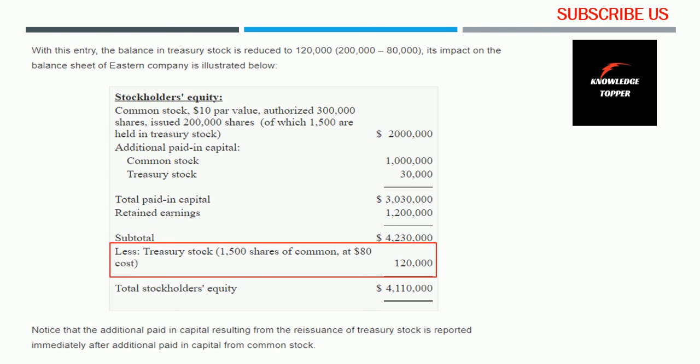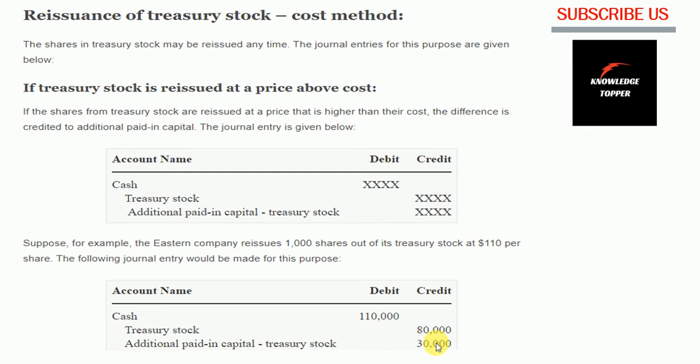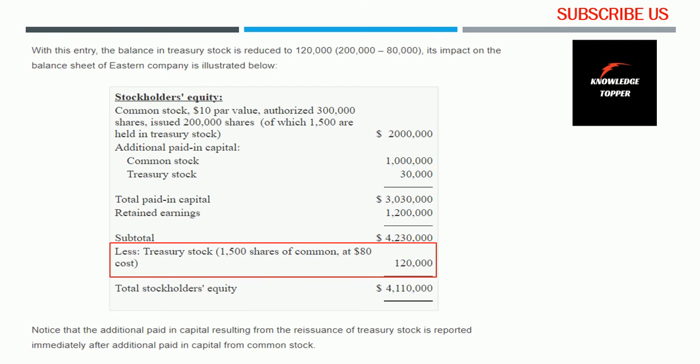First you record common stock, then the additional paid in capital for the common stock, and then the additional paid in capital for the treasury stock, which we recorded in our second example. Here is the 30,000 amount of additional paid in capital of treasury stock. So it is reported immediately after additional paid in capital from common stock, as you can see right here.